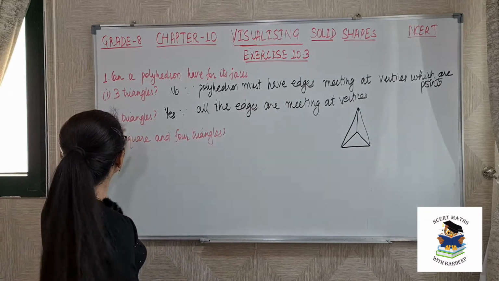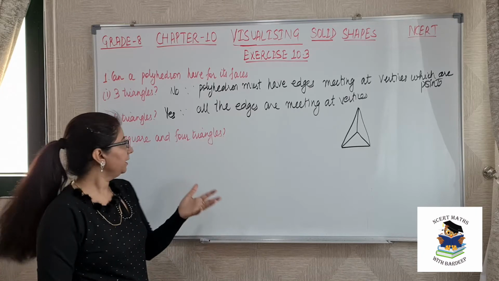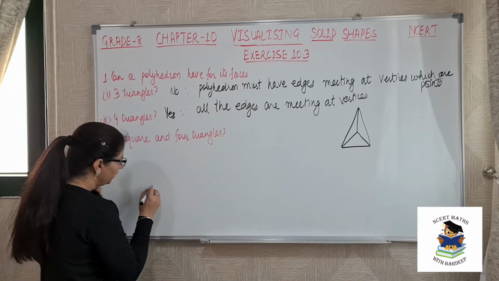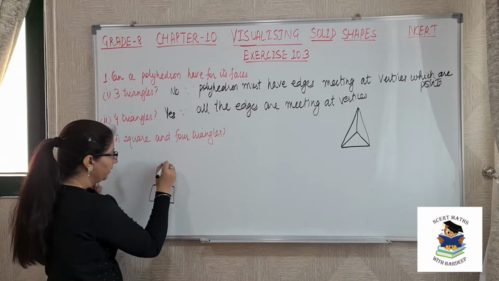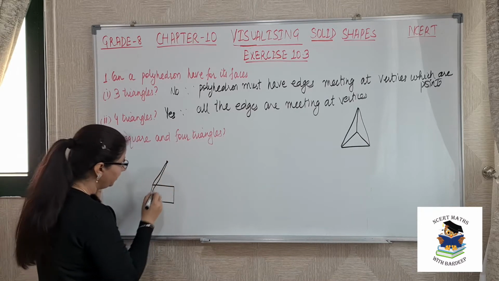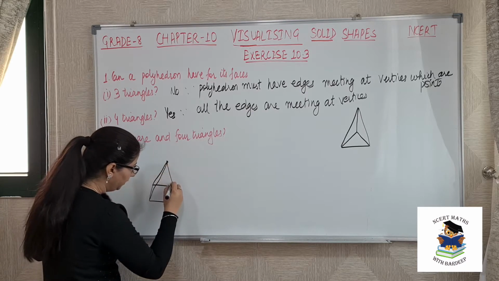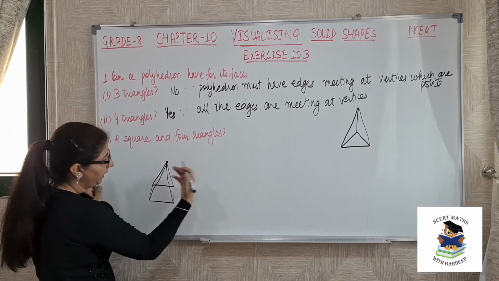Okay, so next is a square and 4 triangles. This is again possible in the form of square pyramid. So let's make one square, okay, and join it. So this will be one triangle with this second, with this third, okay, and back side it is 4.